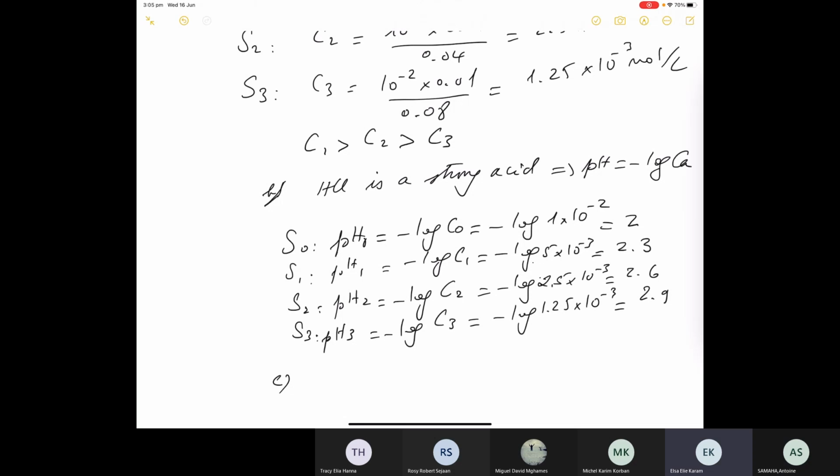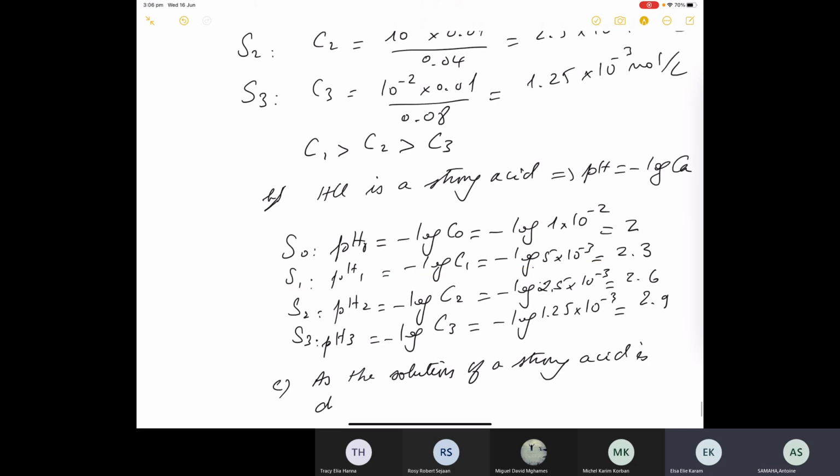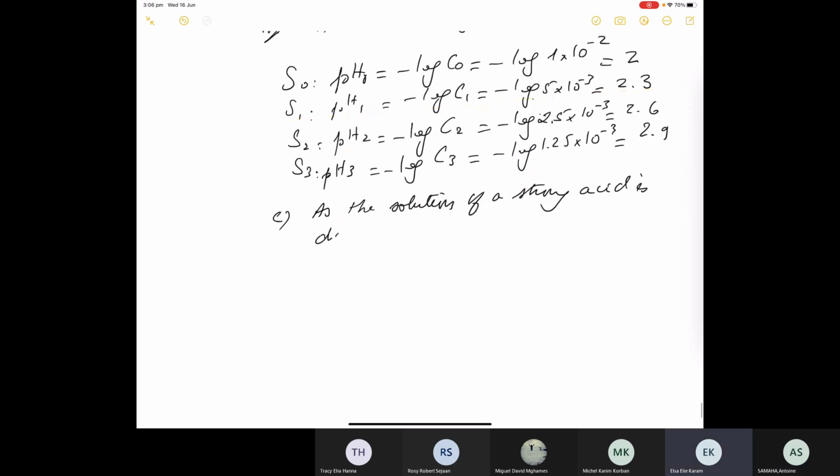So the pH increases as the dilution increases. So as a solution of a strong acid is diluted, its pH increases.